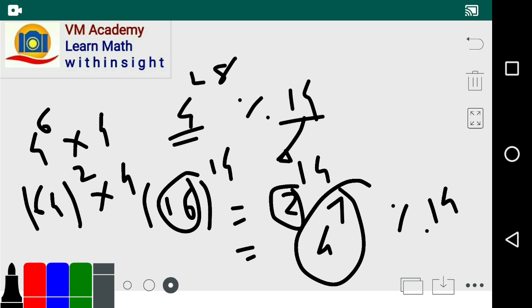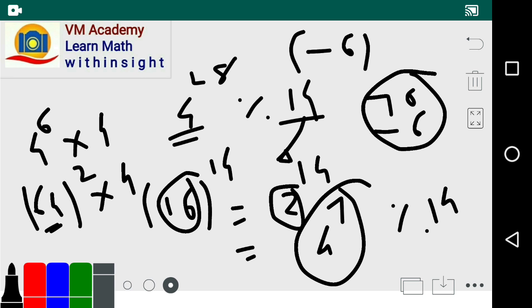Now 64 divided by 14 is nothing but minus 6, because it is 6 less than 70, so we can replace it by minus 6.